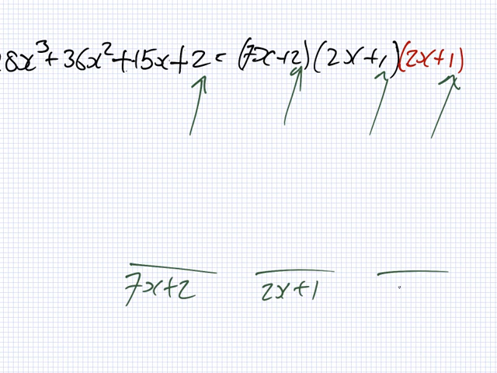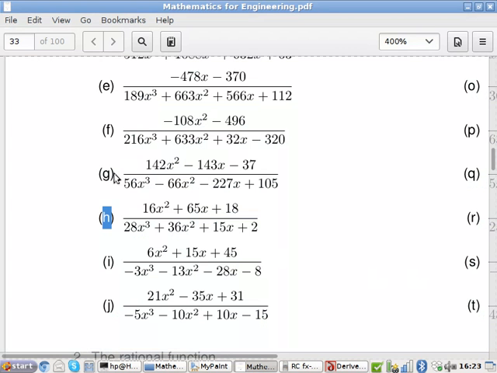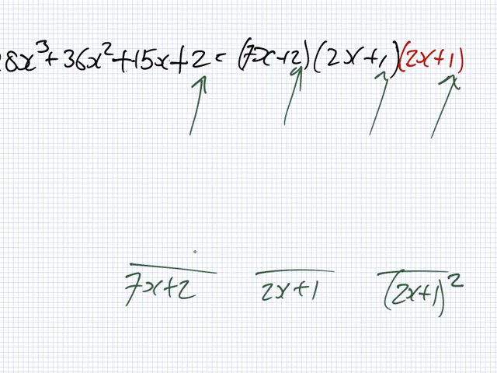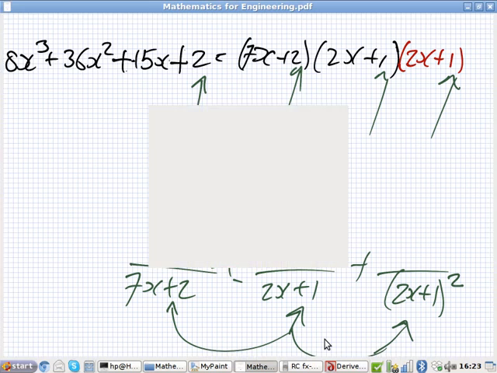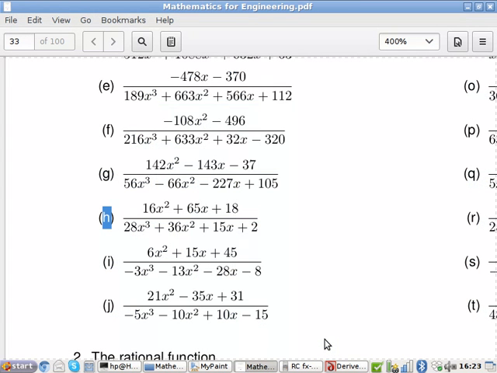It's not the same, it's this one squared. You only have 2 linears and one of them's a quadratic, so you can't use the third method.